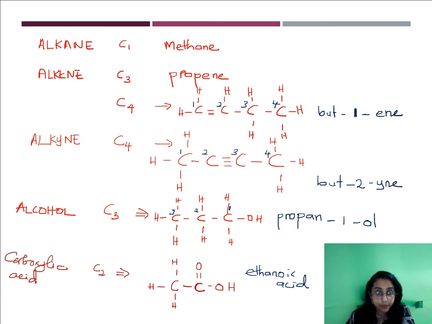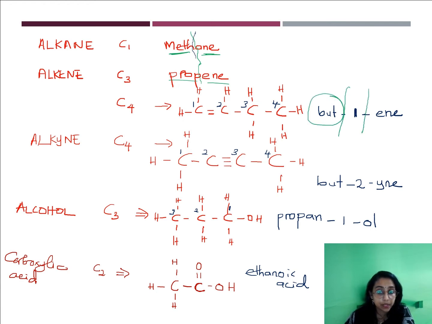So remember, for alkanes it's a simple rule because there are only two parts involved. One is based on the number of carbons, another one is the ending group. When it comes to alkenes with carbon 2 to 3, the same concept: you have the number of carbons name followed by the ending of the name of the family. But starting from carbon 4, you have three portions in the name.